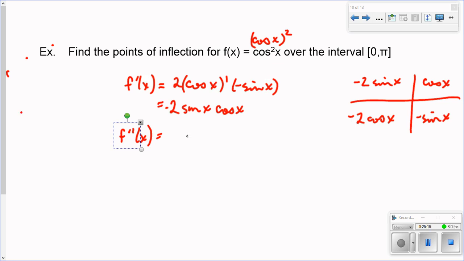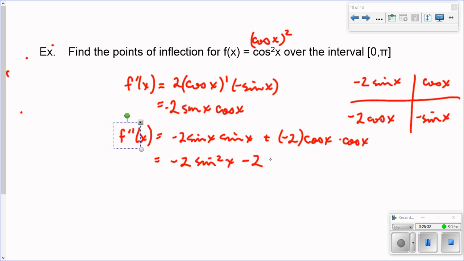So I've got negative 2 sine x times sine x plus negative 2 cos x times cos x. That would be negative 2 sine squared x, take away 2 cos squared x.